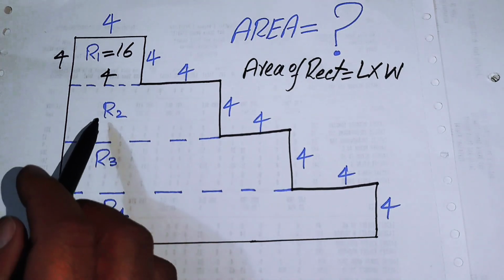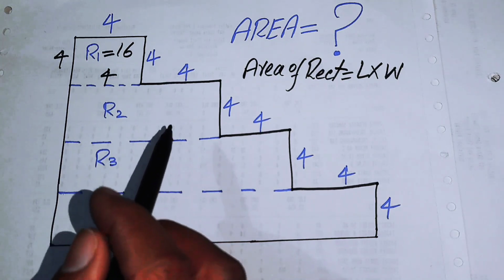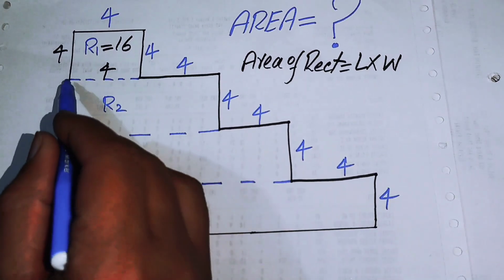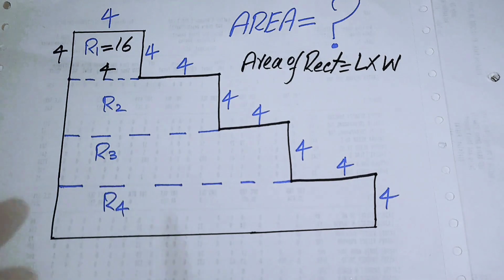In order to find the area of region 2, you see that this is again a nice rectangle, and the length of this part is 4 and the length of this part is also 4. Remember that this shape cannot be correct according to the scale, so I think there is an error in making this diagram. Please neglect this error, and we will just move on to find the area of this rectangle.